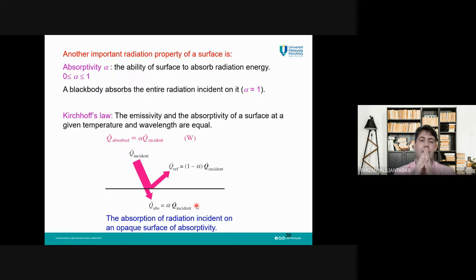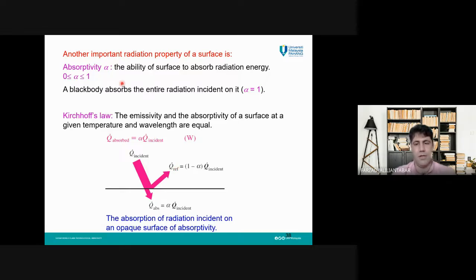So what we have here, actually, we can calculate how much of the radiation heat transfer is absorbed, and how much is reflected. It depends on the absorptivity of the surface.